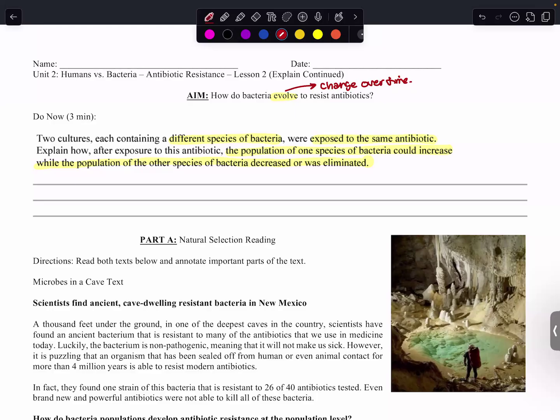Well, one thing should definitely come up in our minds, and that is natural selection, right? And if we just keep in mind what natural selection means and we remember what nature cares about, it's the population's ability to survive and reproduce. So the population, I'm just going to put pop for short, that is increasing was able to survive exposure to the antibiotic.